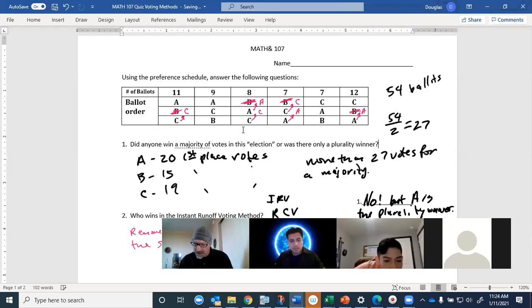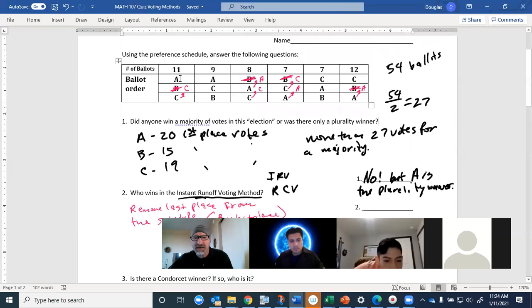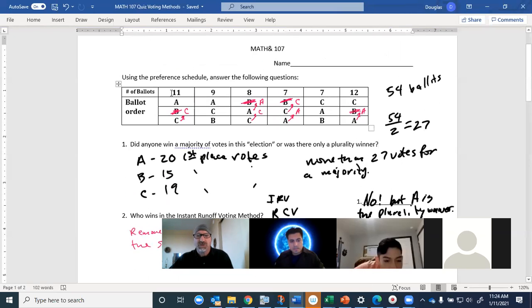And so now what happens is in instant runoff, you don't get a winner until you remove that last place, until you get more than 50%. So currently A only had 20. But now, how many does A have? A has 11, 9, and 8.